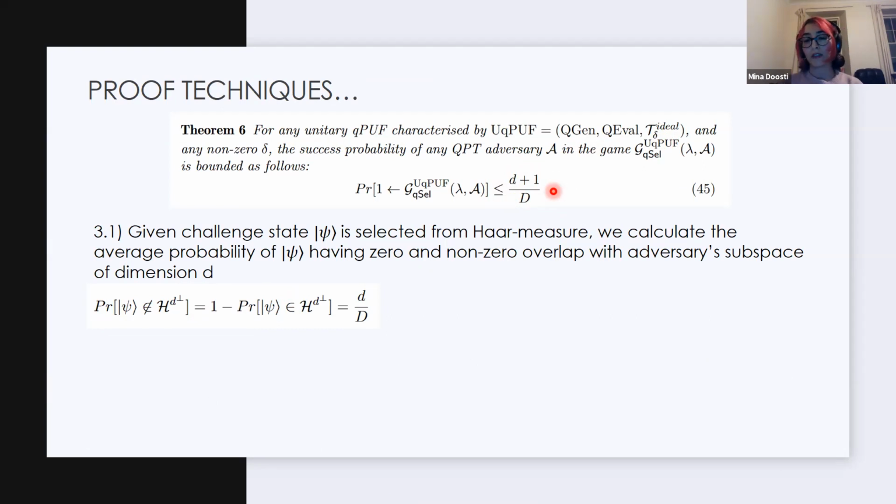So if you're okay with, I don't know, 1.01% security, you might be happy with a 10 qubit PUF. If you want more security, you need to scale it up. If your dimension is 2 to the n, then n will be your security parameter.